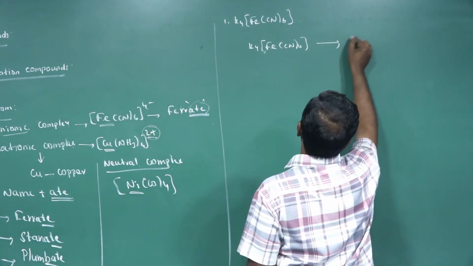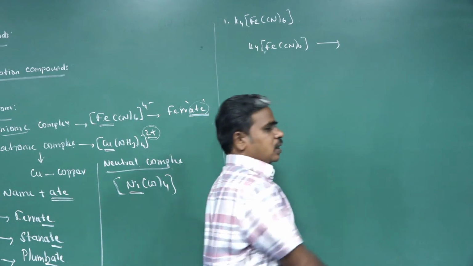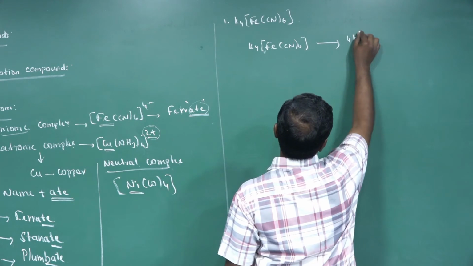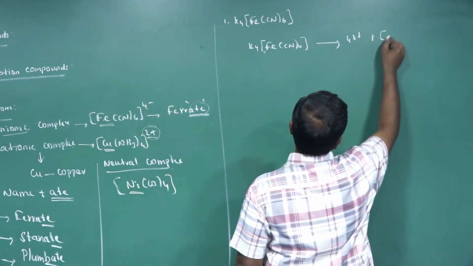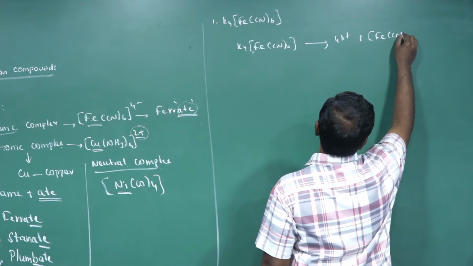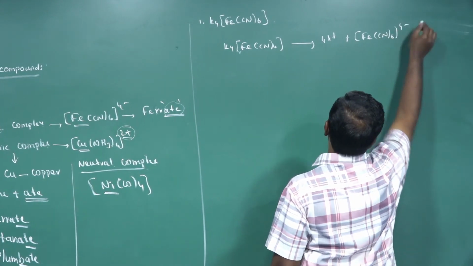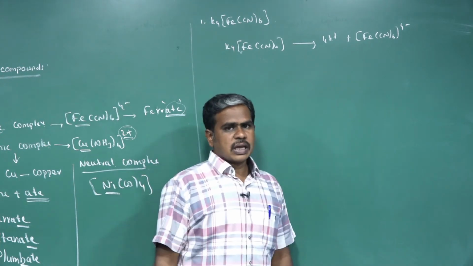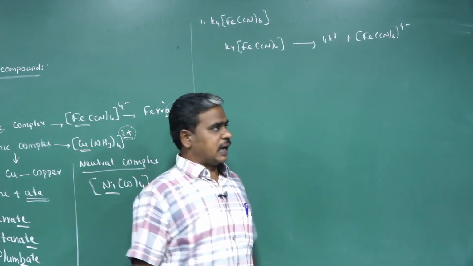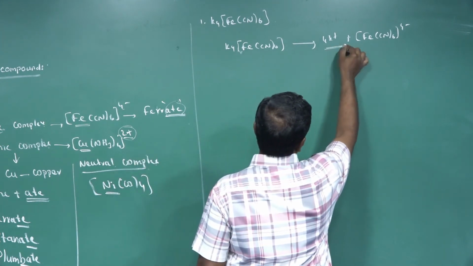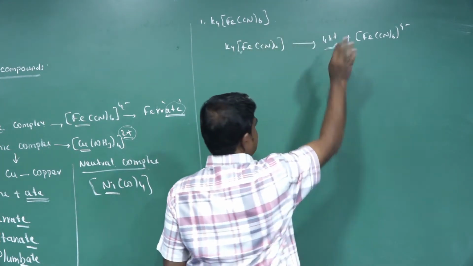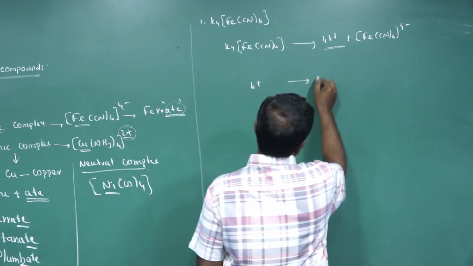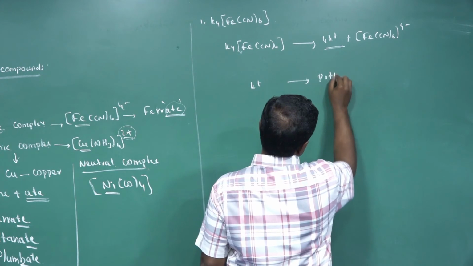Split the complex to identify whether it is anionic or cationic. So it is 4K+ and [Fe(CN)6]4-. Now, what is the first rule? Cation first and anion next. So we take the cation first, that is K+, potassium.